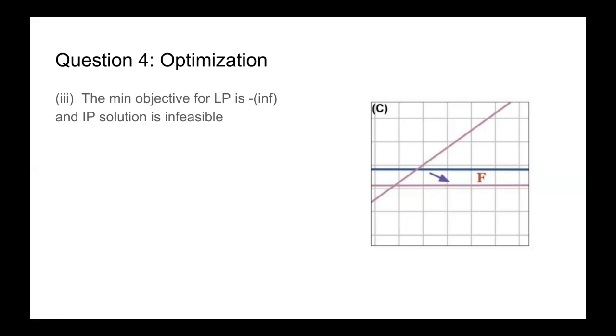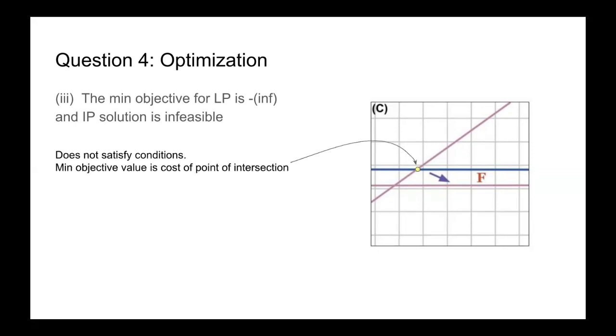So if we try to minimize the objective value, then our minimum objective value would be at that point of intersection and the corresponding cost for that particular point. And since that intersection is real valued, that means the minimum objective value for LP cannot be negative infinity for this problem.